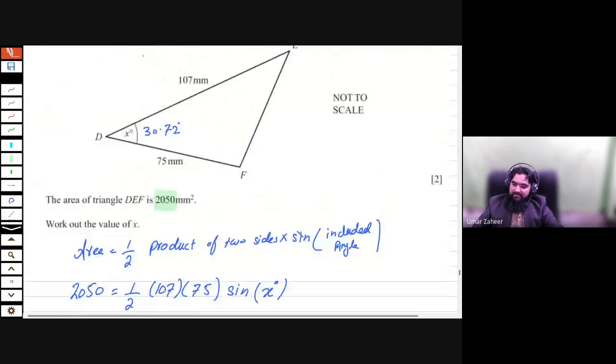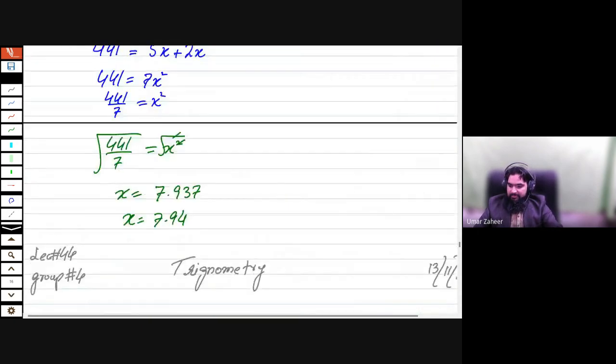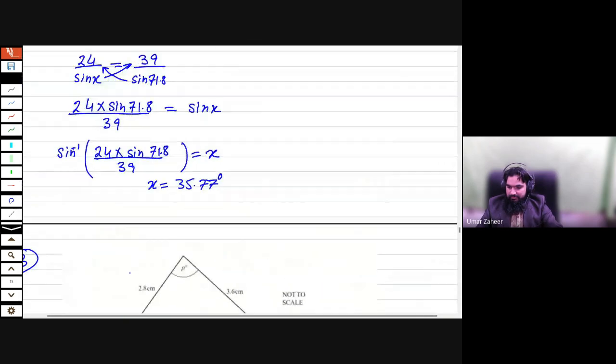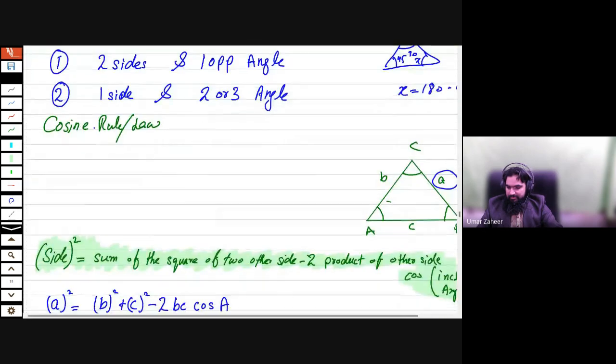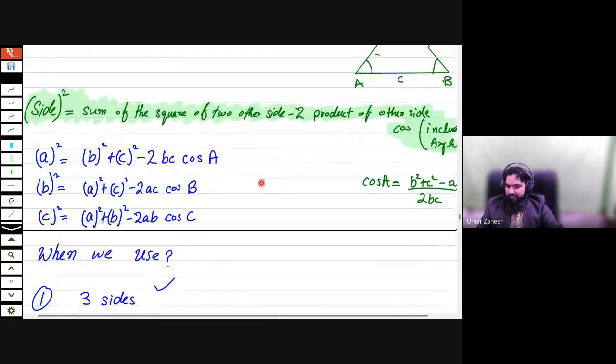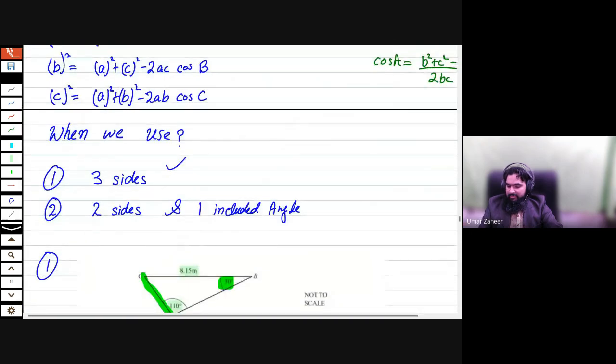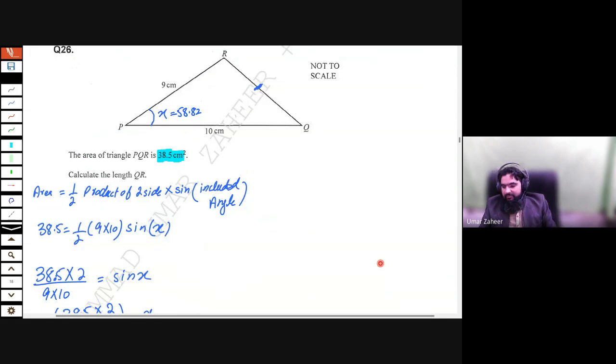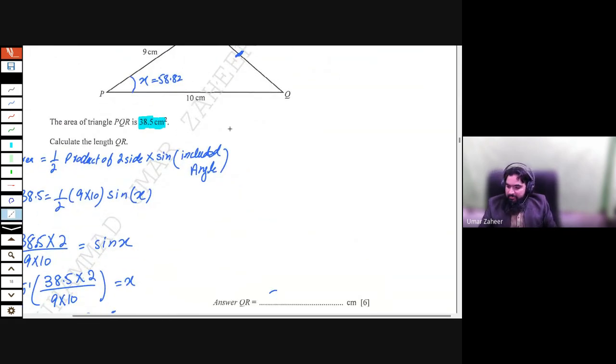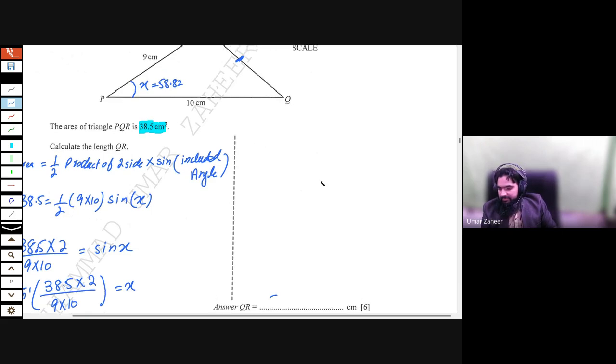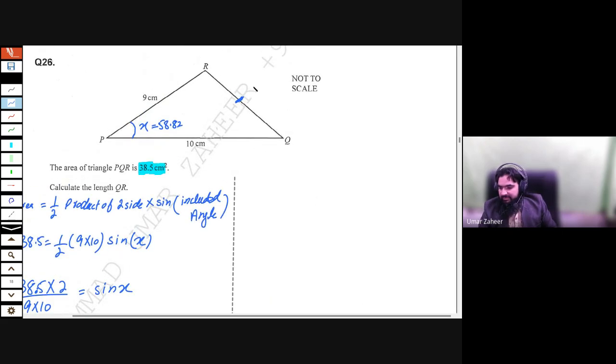We have done this in the notes as well. I will show you. If examiner gives you two sides and one included angle, you have to go for cosine rule. So let's see how to go for cosine rule. Let's say it is y side that we have to find.